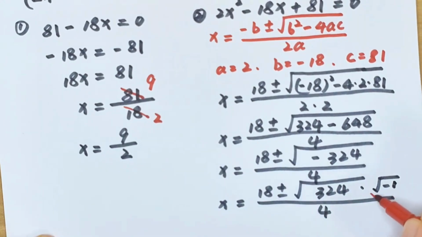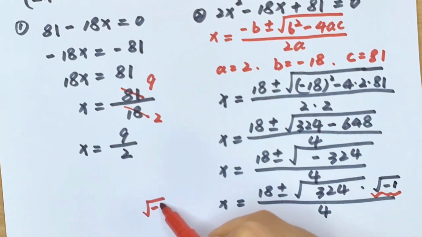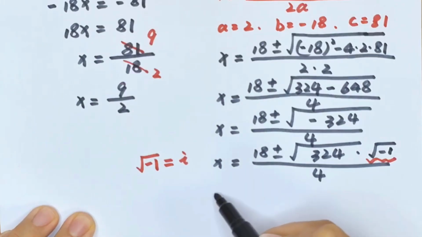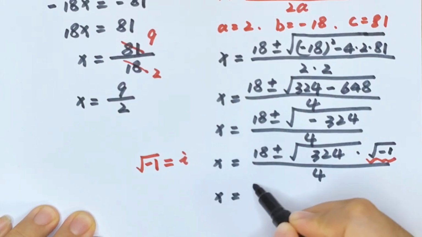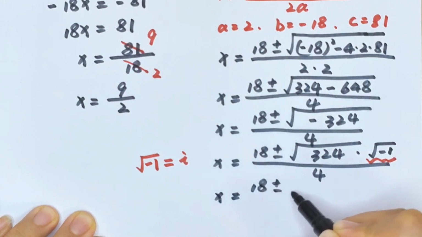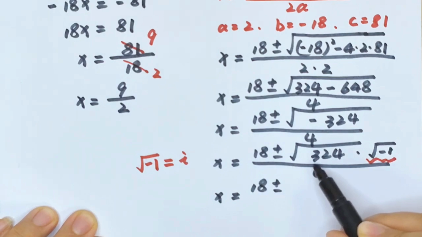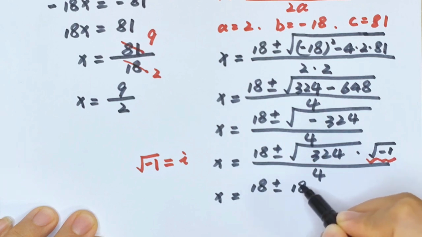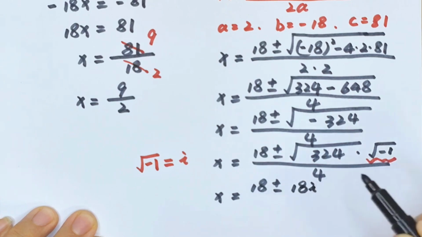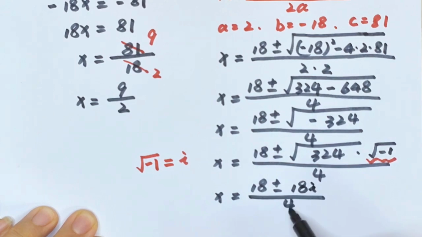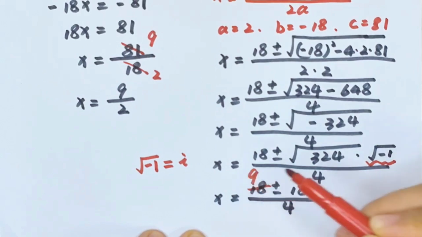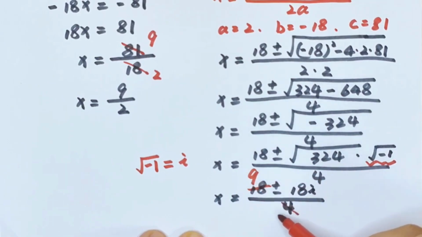Then in here, we know square root of negative 1 equals i. So x equals 18 plus or minus square root of 324, which equals 18, then i, divided by 4. Then 18 divided by 2 is 9, and 4 divided by 2 is 2.